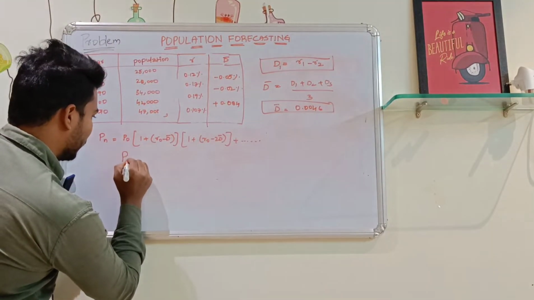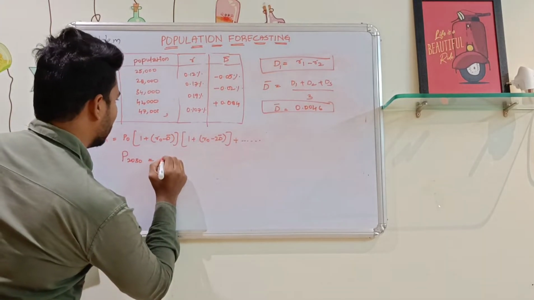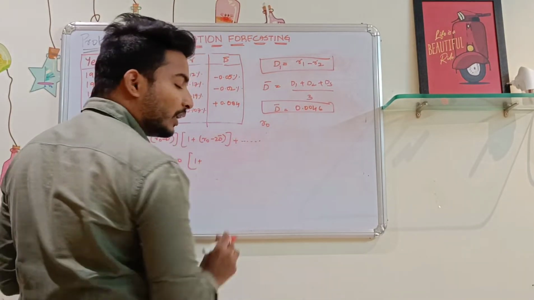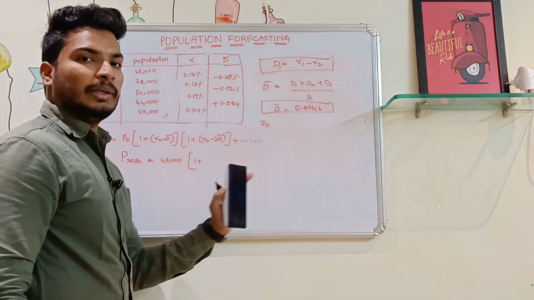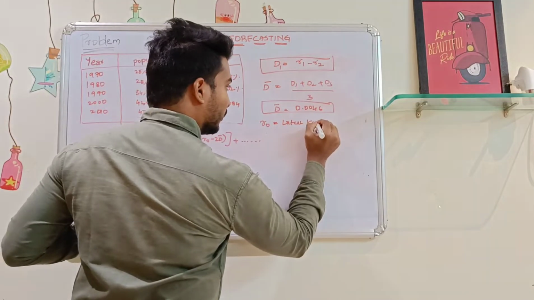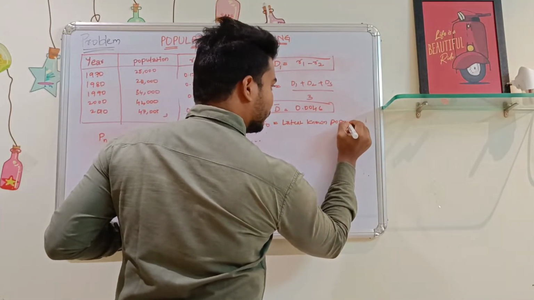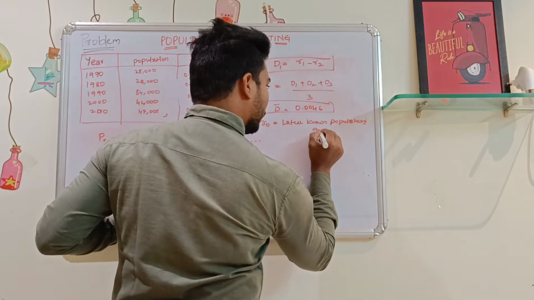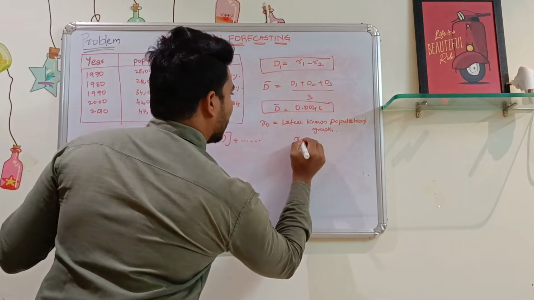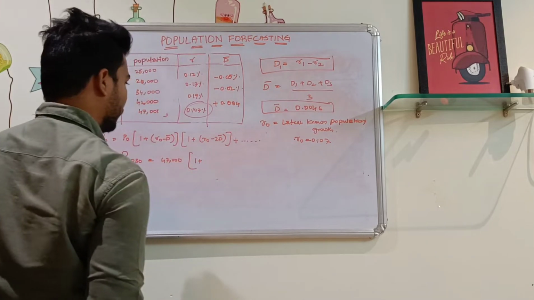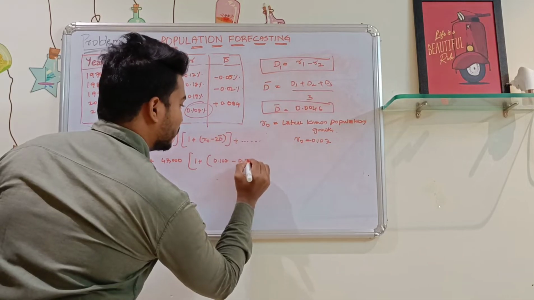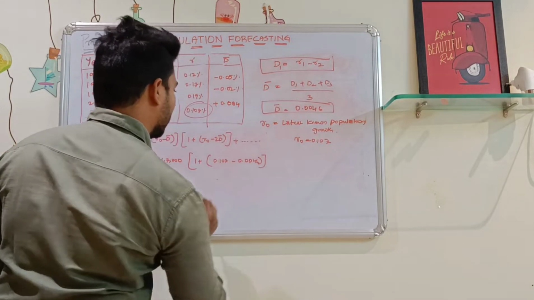So P in 2030, P naught is 47,000. What is R naught? R naught is the latest known population growth. R naught is equal to 0.107. So 0.107 minus D bar 0.0046.